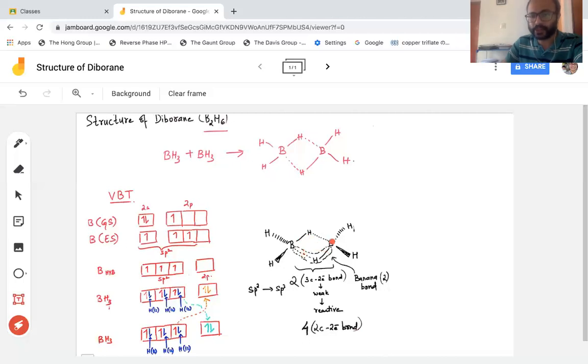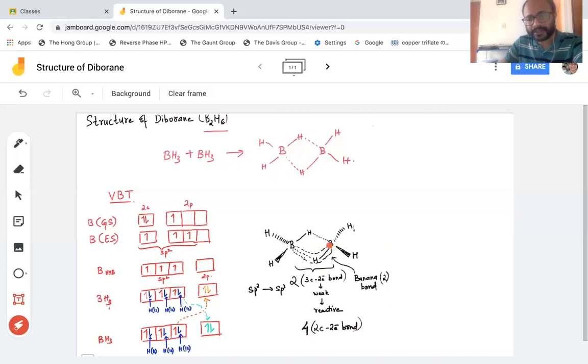So there are two three center 2 electron bonds. And there are four normal two center 2 electron bonds present. So this is how the bonding is happening in a diborane system.